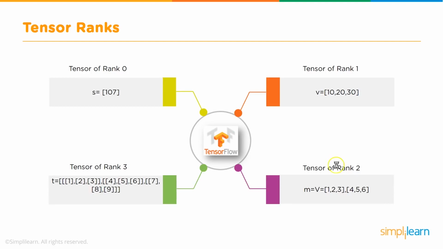Then in that case we say the rank is 2, and if it is a three-dimensional array, then rank is 3, and so on. So it can have more than 3 as well. So it is possible that you can store multi-dimensional arrays in the form of tensors.